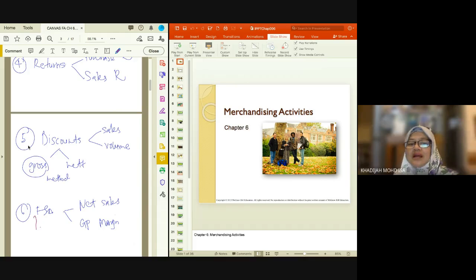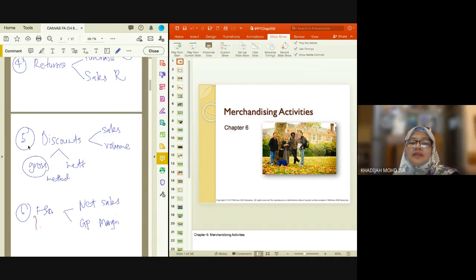It's a contra, it reduces your sales value. For example, the sales was 200, but because you give a 10% discount of 20, the customer only pays you 180 instead of 200. So that's how we record a discount given either by the supplier or by the company to the customer.